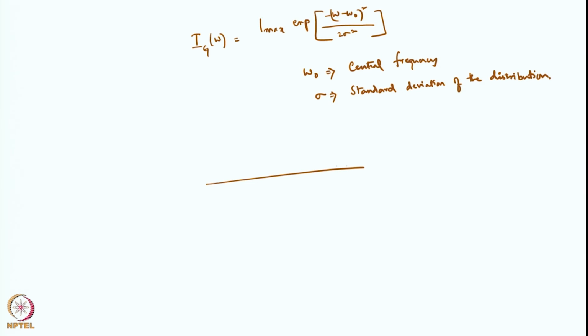So, for example, this is your omega naught, and you could have a Gaussian distribution which looks like this, and you have a value of sigma that you can calculate.